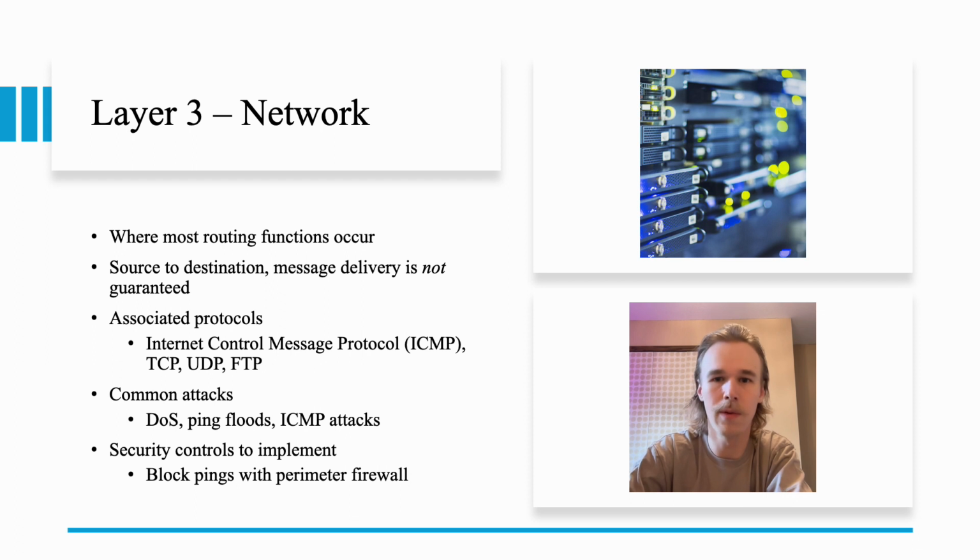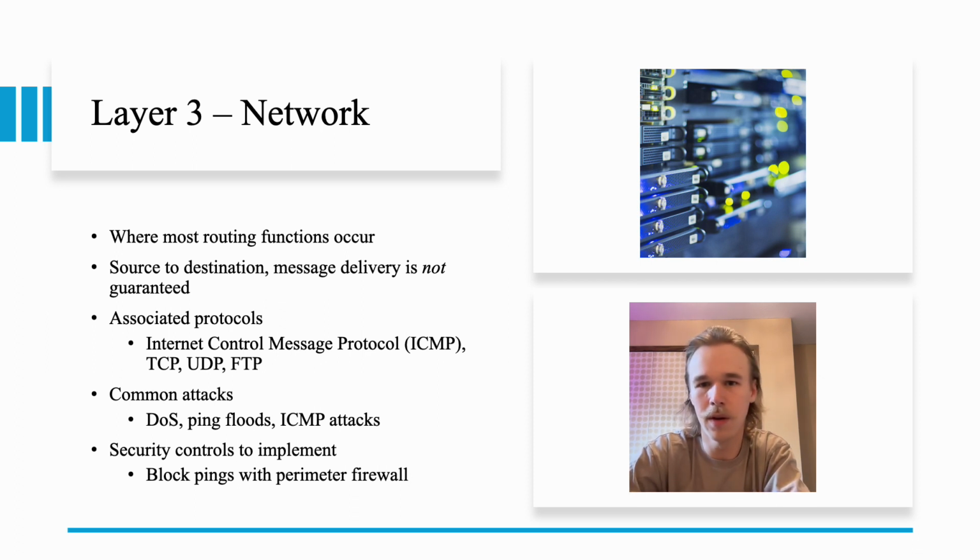Some protocols to be familiar with in the network layer are ICMP, Internet Control Message Protocol, which is used for reporting errors and performing network diagnostics, TCP, otherwise known as IPv4, IPv6, UDP, TCP's unreliable little brother, and FTP, File Transfer Protocol.